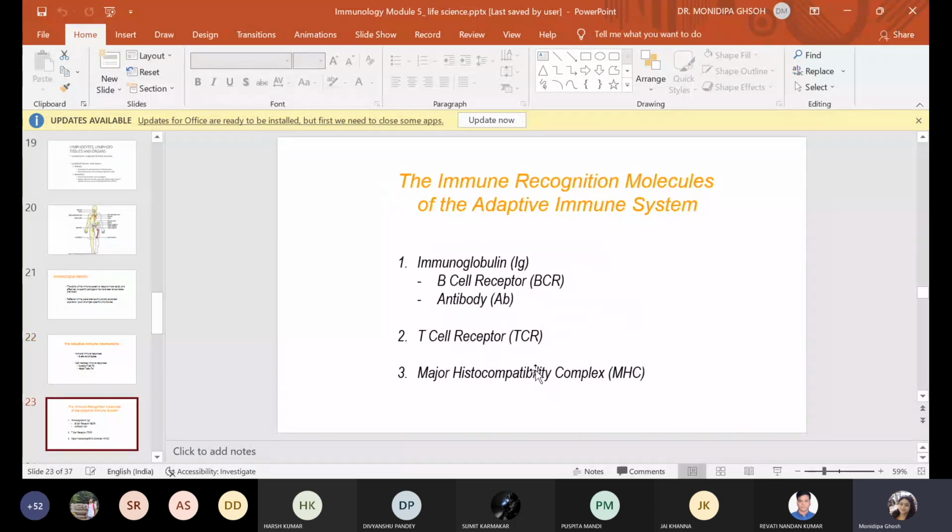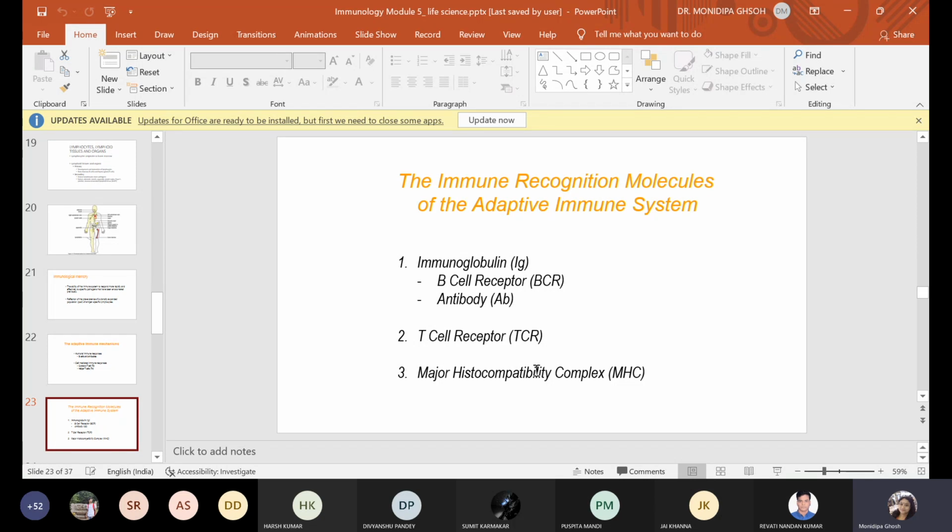Consider the immune recognition molecules for the adaptive immune response, meaning the main agents responsible for recognizing the antigen, because the antigen is a non-self product. When it interacts with the in vivo system or the cell, the cell can't recognize it very easily.